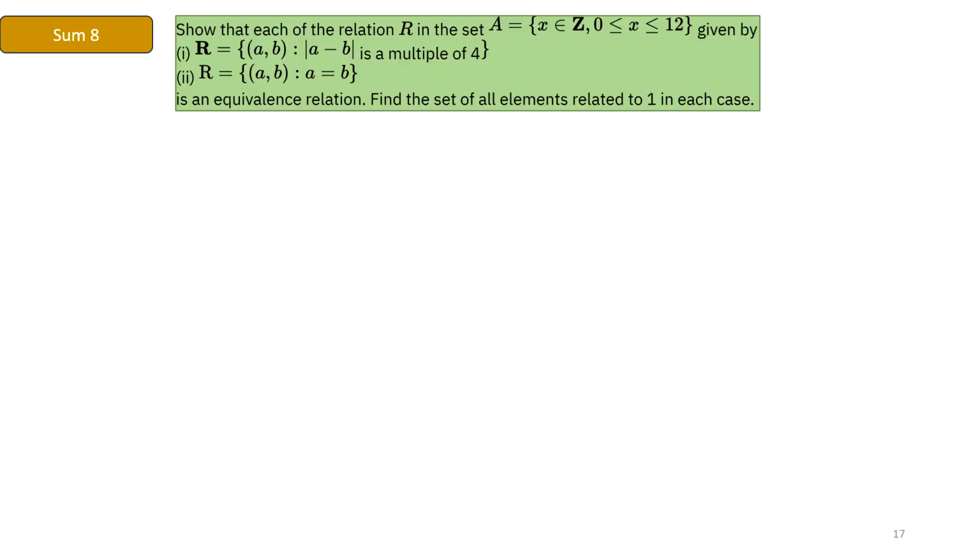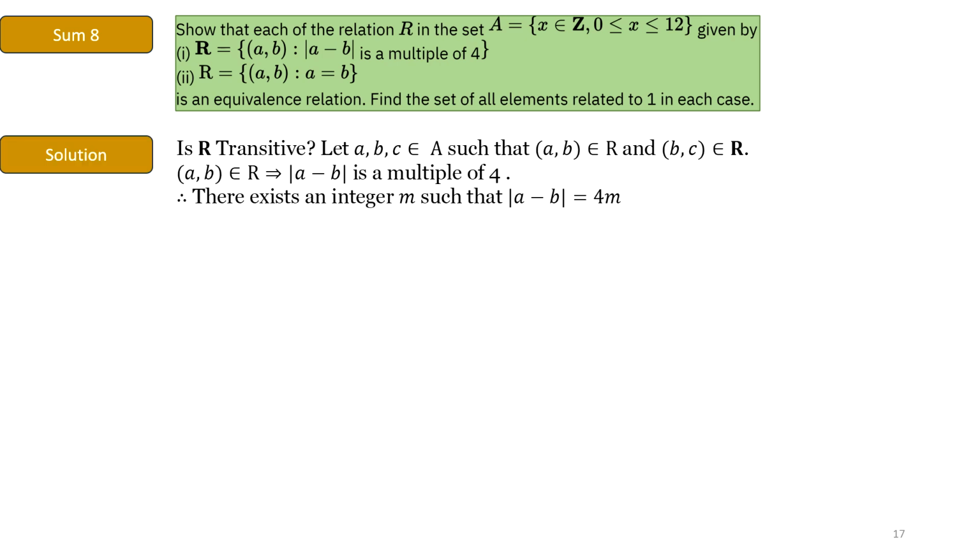Show that the relation R in set A, as given in the question, is an equivalence relation. Let a, b, c be elements of set A where (a, b) and (b, c) belong to R. Since (a, b) belongs to R, mod of a minus b is a multiple of 4. Let m be an integer such that mod of a minus b is equal to 4m.